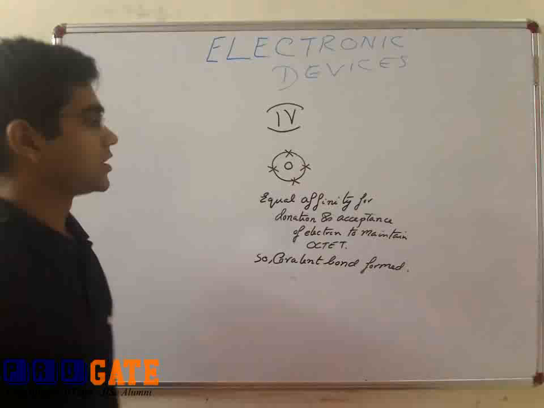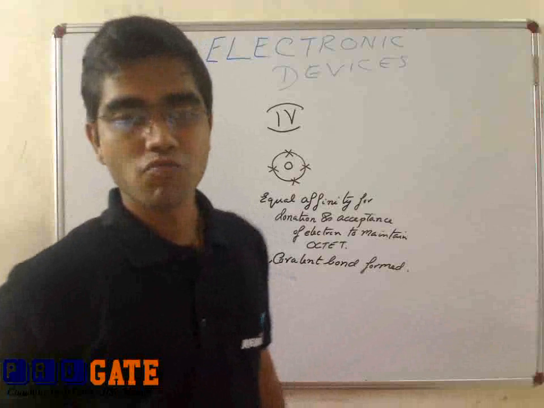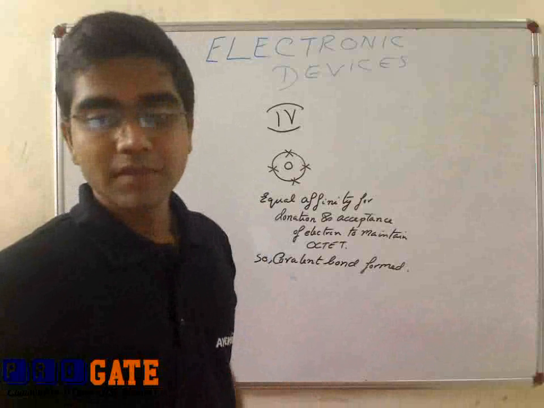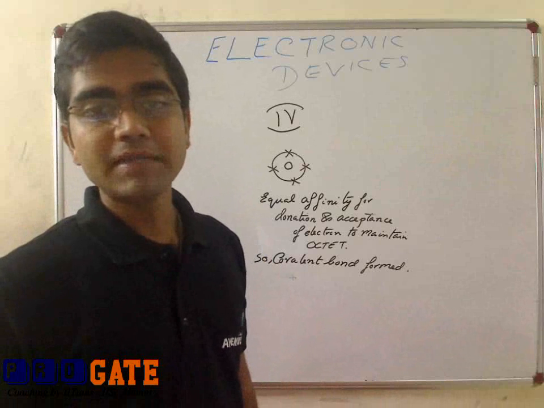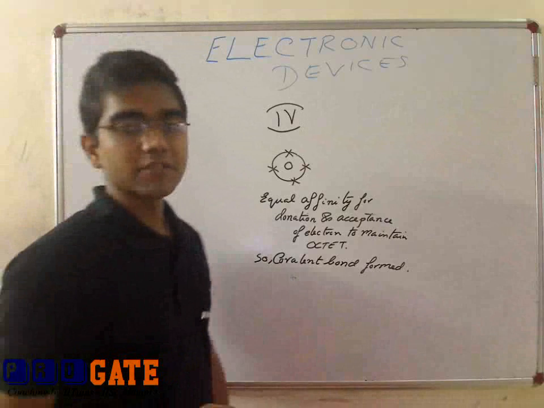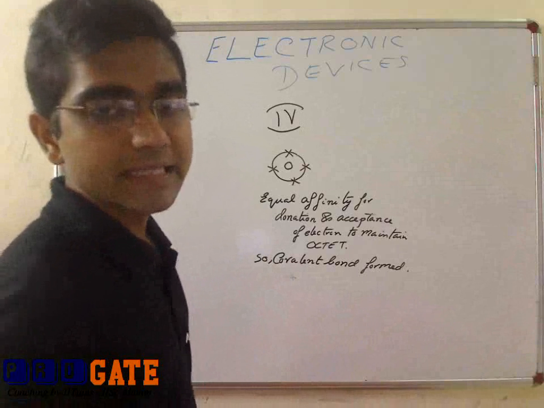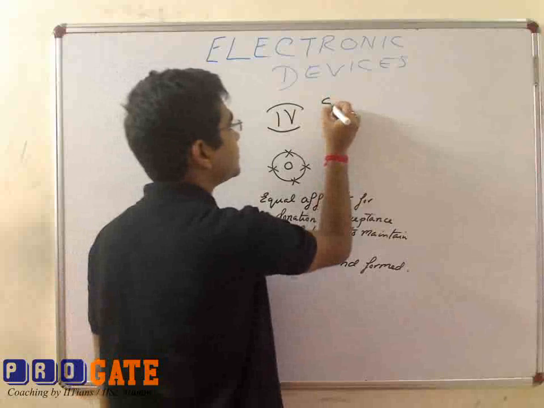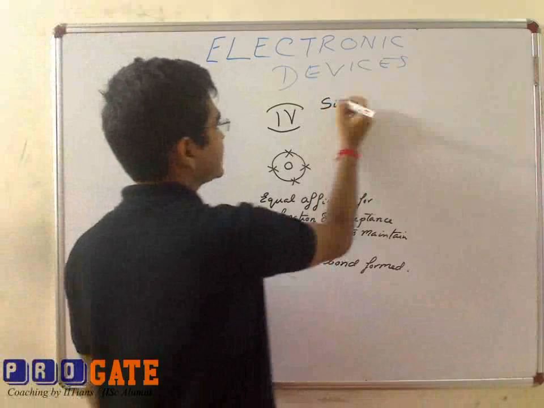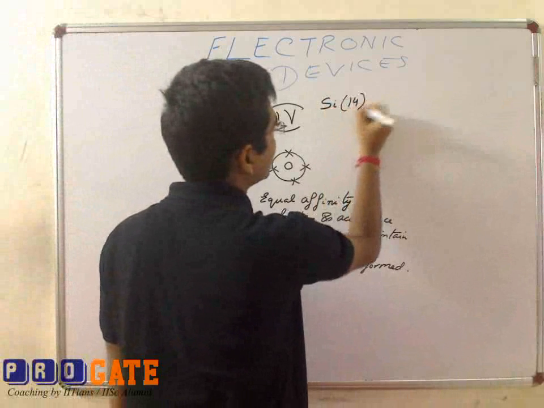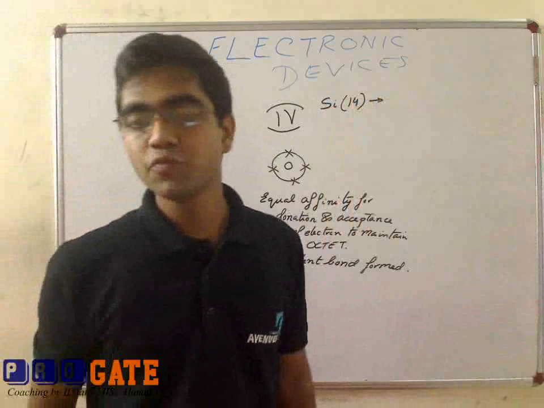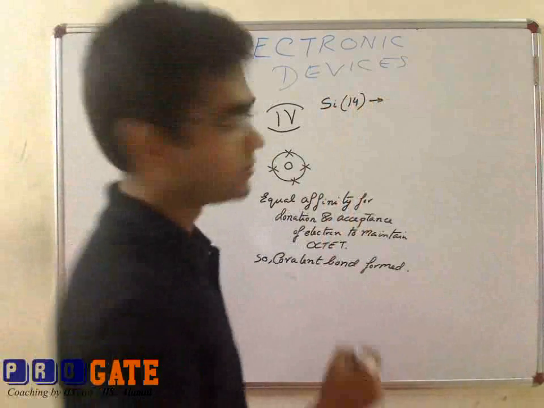So it forms covalent bonds. Now, what are the fourth group elements generally we have? The fourth group semiconductor elements are mainly silicon, whose atomic number is 14, with configuration 1s2, 2s2, 2p6, 3s2, 3p2.